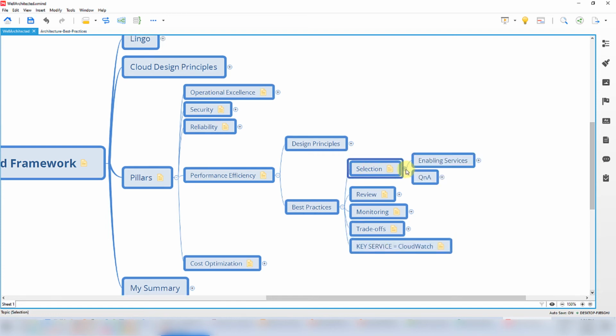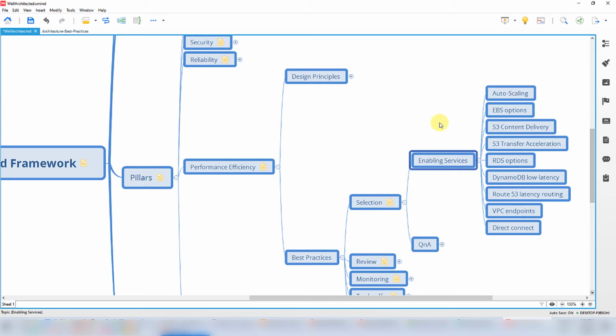Now let's look at selection. There's a lot of services that come into play when you're selecting the resource types and configurations. They are auto-scaling, the various options with the Elastic Block Store, S3 content delivery, transfer acceleration, the various RDS options, DynamoDB performance numbers, Route 53 latency-based routing, the VPC endpoints feature, and Direct Connect.